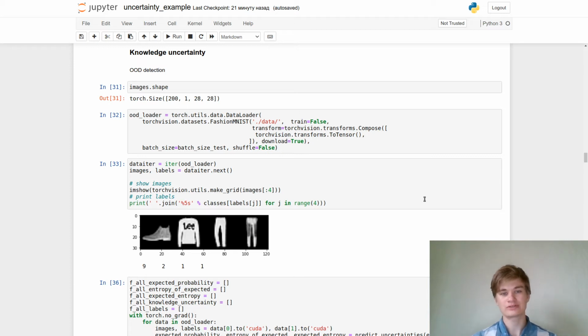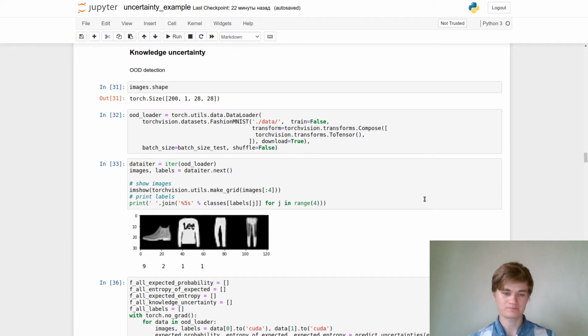So it is some kind of filter of when you really need to add new data to improve your model, because the example is out of domain if it has high knowledge uncertainty.